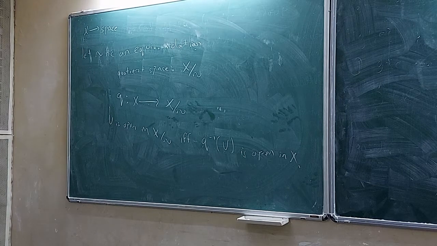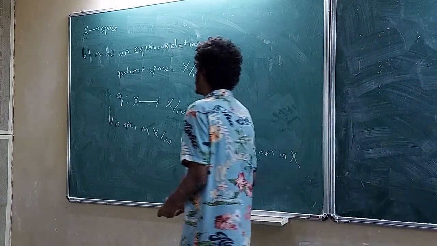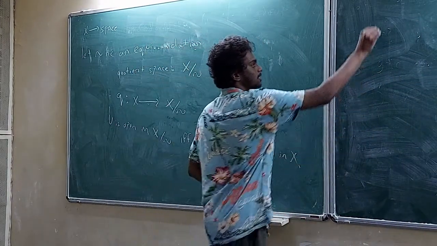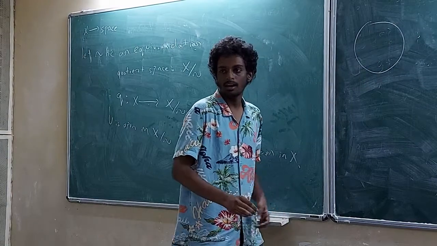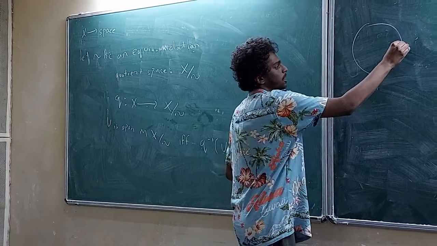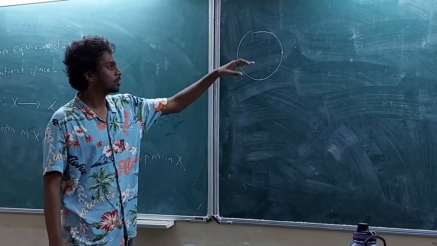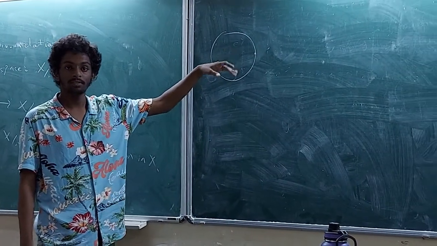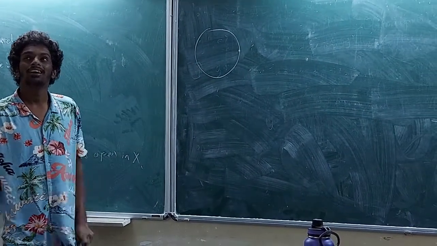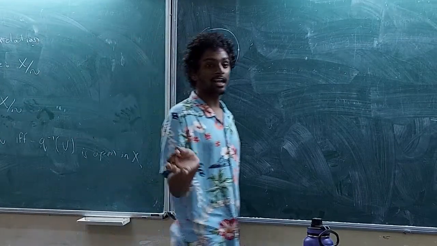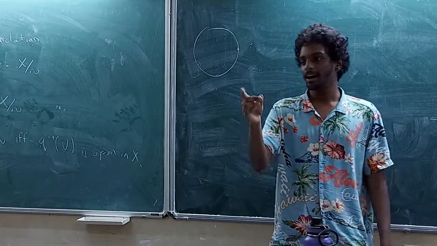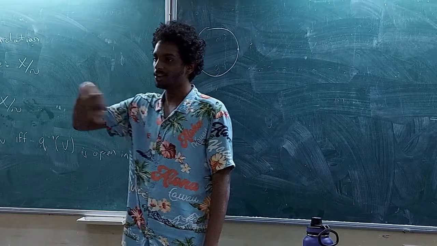Okay, so one way to see it would be: take a circle and start with a point, right? Now rotate with a fixed angle theta. But in this case, I will rotate with an irrational angle, not a rational angle, which will always come back.